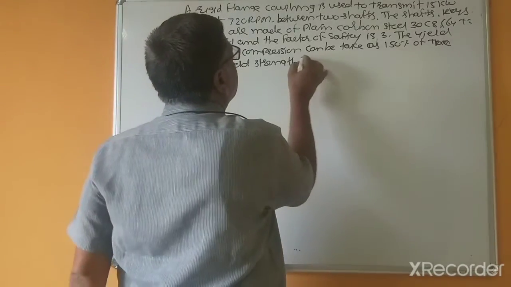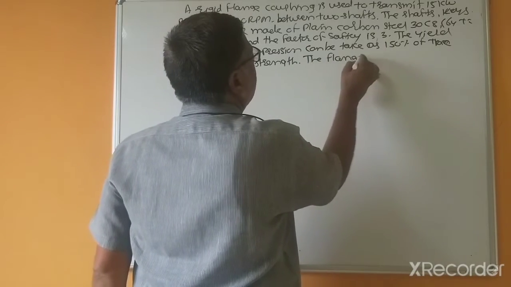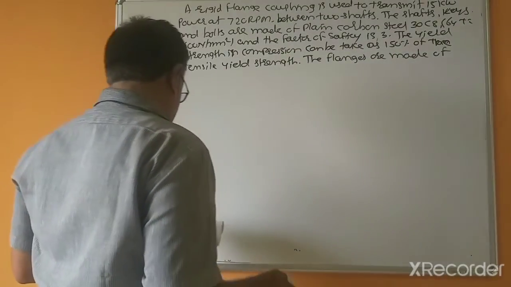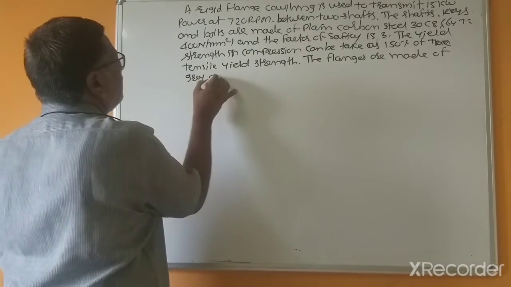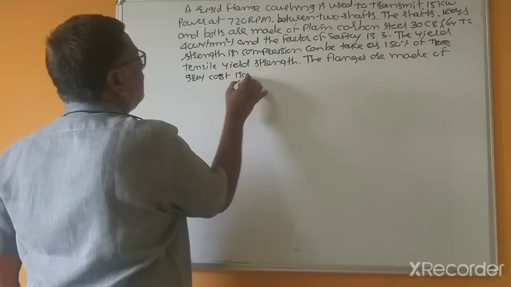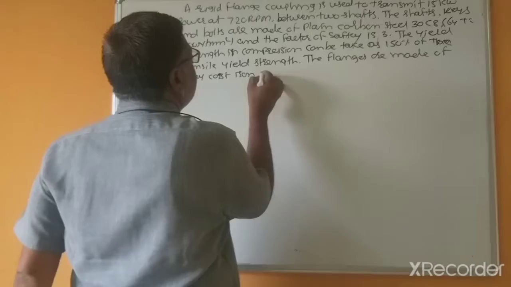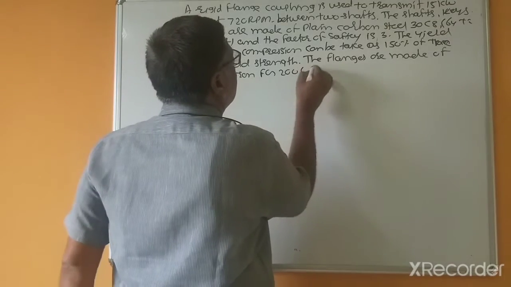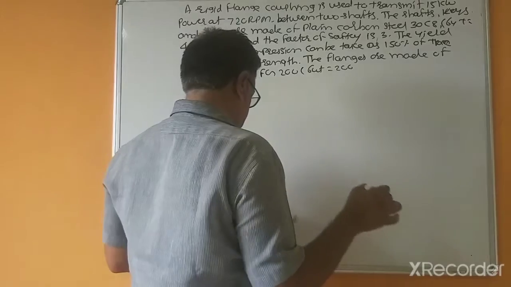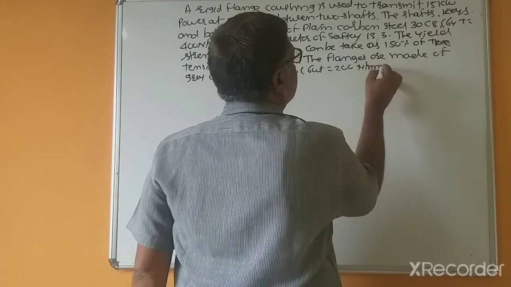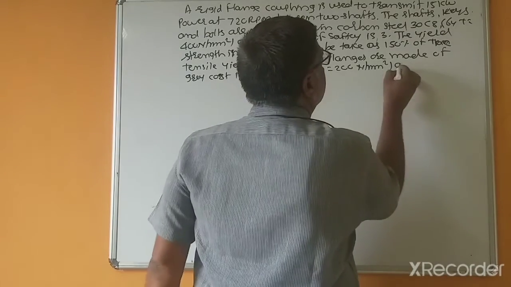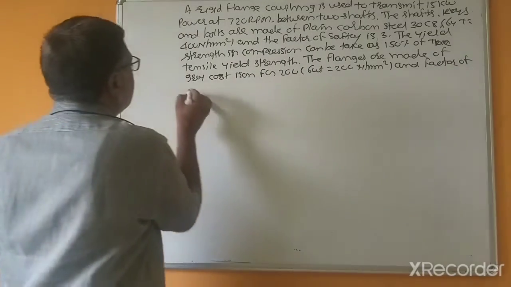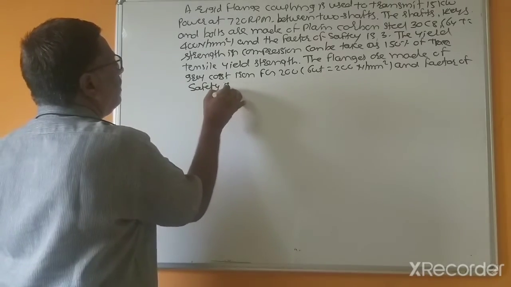The flanges are made of gray cast iron FG200, sigma U equal to 200 Newton per mm squared, and the factor of safety is 6.